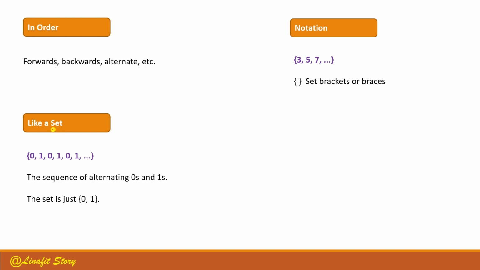A set is a collection. It is just things grouped together with a certain property in common. 0, 1, 0, 1, 0, 1, and so on, the sequence of alternating zeros and ones. The set is just 0, 1.